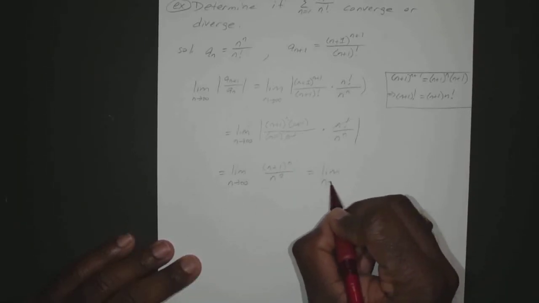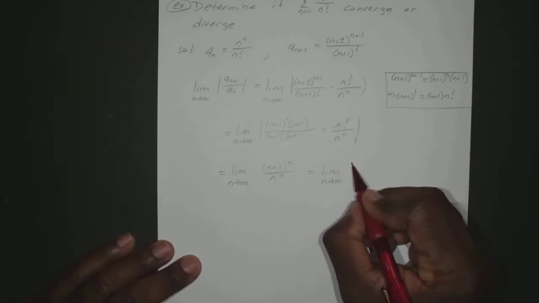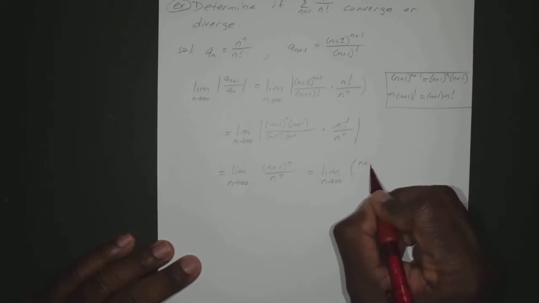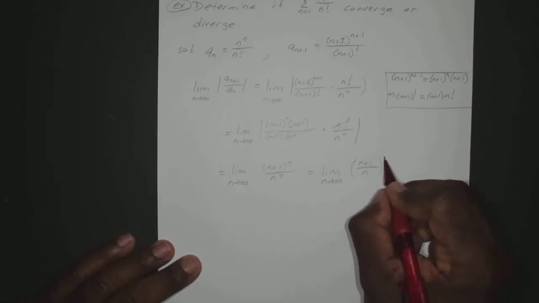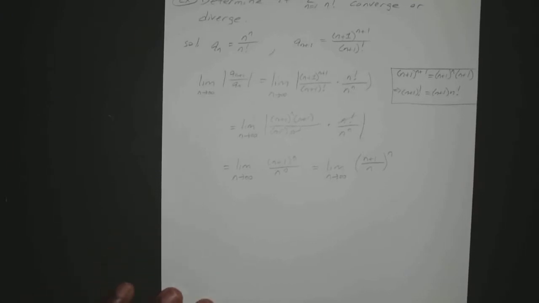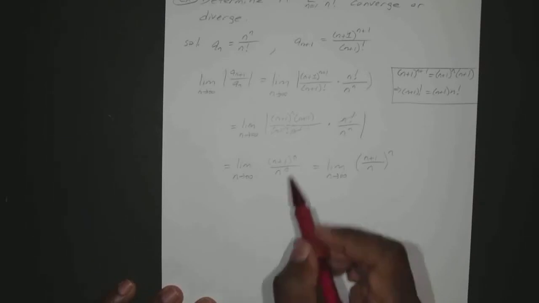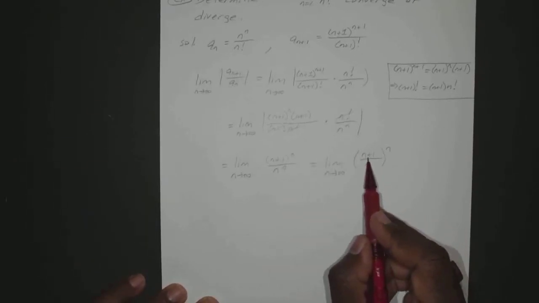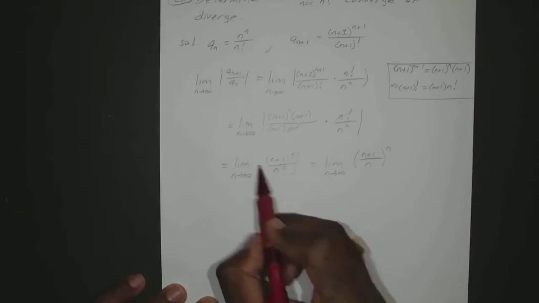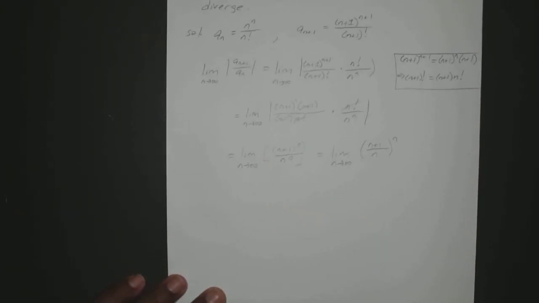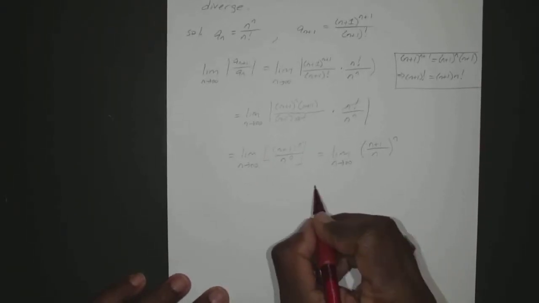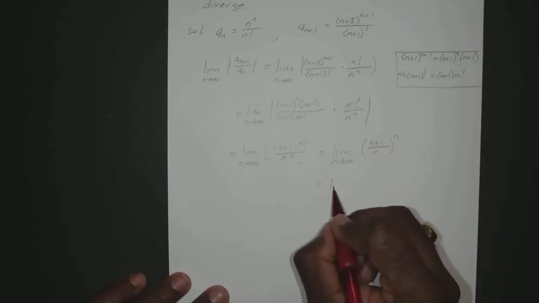So we have the limit as n approaches infinity of (n plus 1) over n, to the nth power. It's just this to the nth power, so if we had that here. All right. So this we can actually simplify.